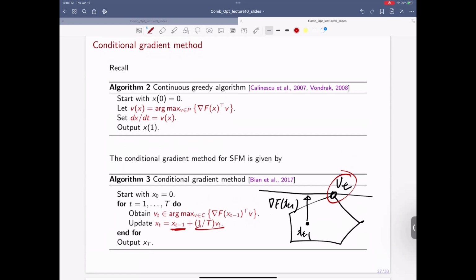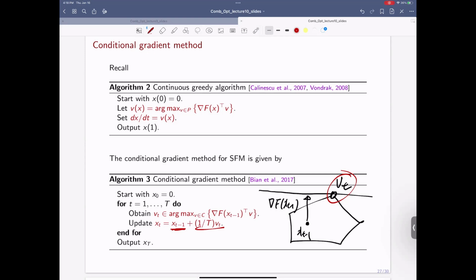In gradient descent, you move along the gradient direction. Here you take this direction v_t. It also depends on where the zero point is located. Let's say the vector has a direction this way; you're going to move along this direction. So this is clearly different from gradient descent.